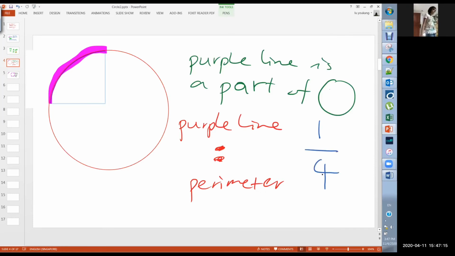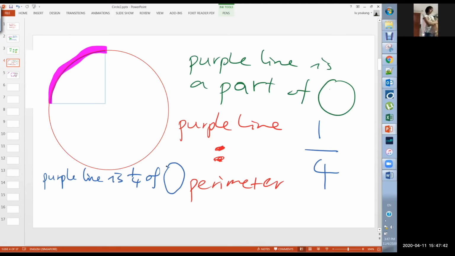Right? So what it means is the purple line is 1/4 of the circle.